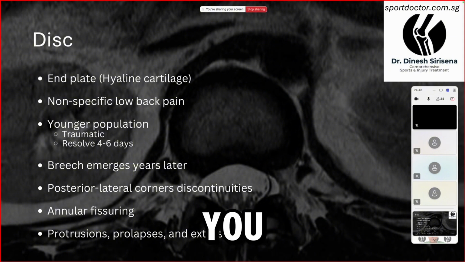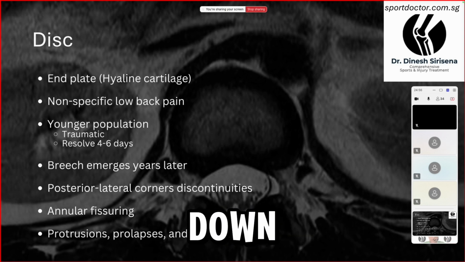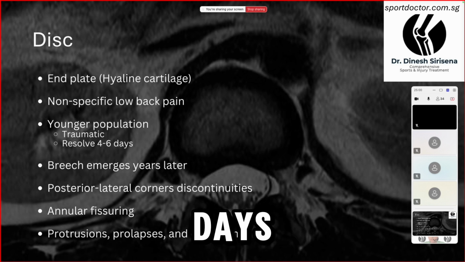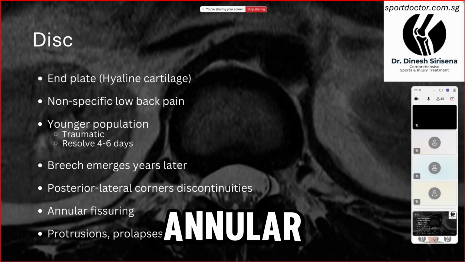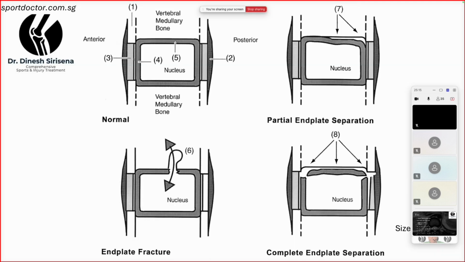And you usually have these episodes of mildly traumatic lower back pain, a rugby tackle, somebody fell down while they were doing something, and symptoms will typically resolve after a few days. But what typically happens after that, that's the starting point, and then you start getting the breaches in the disc, and then you start getting the annular fissuring and the protrusions that come after that.